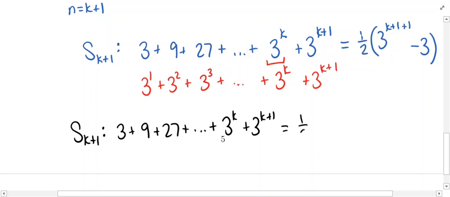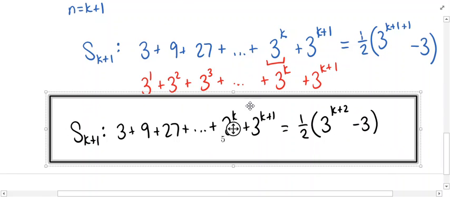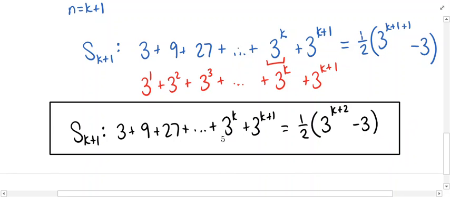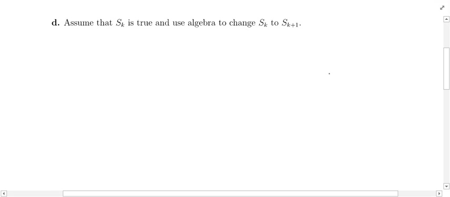That's got to equal 1/2 times, I'm going to simplify on the right, in parentheses, 3 to the k plus 2 minus 3. So going into the induction step, this is our S of k plus 1 that we are trying to prove. Okay, so let's switch over to page 6.